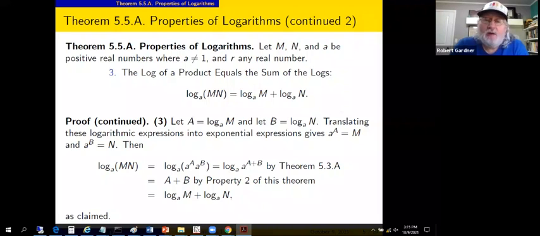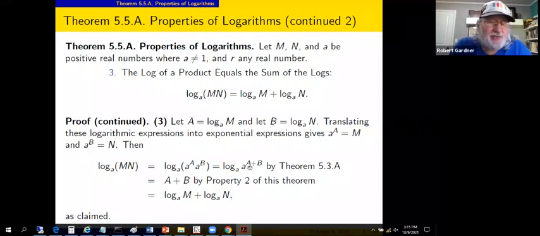Now we just saw that when we have an exponential function inside a log function, both of them base a, that composition simply yields the exponent. That was property 2 that we just showed on the previous slide. So think of it as the log base a function and the a to the whatever function. Those two, in a sense, cancel.